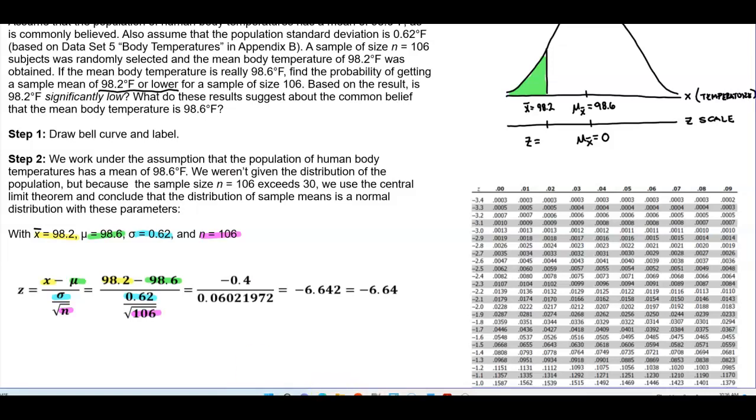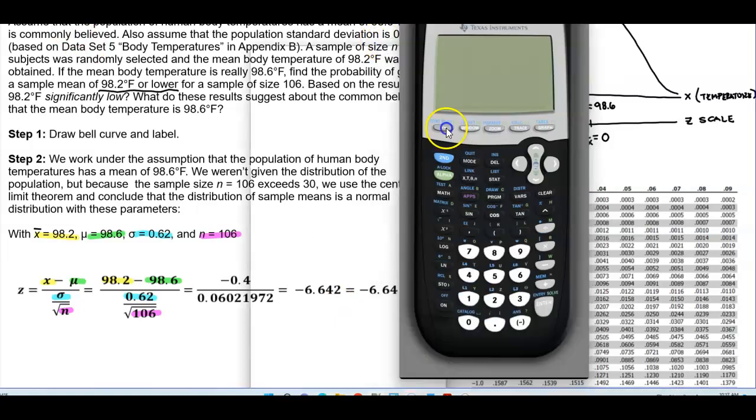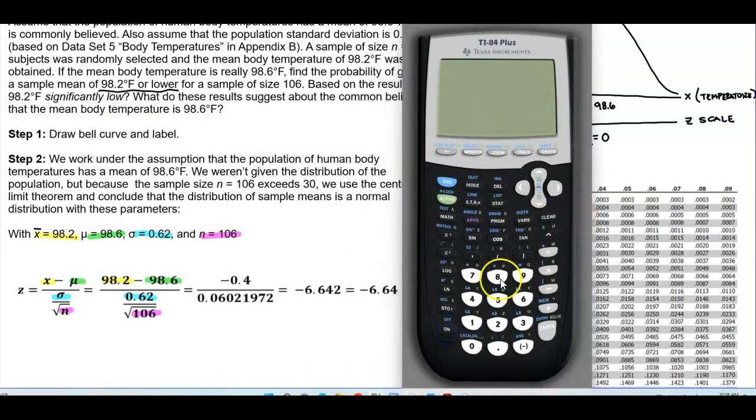If we want to use our calculator to find this, we would do the following. First we input the numerator: 98.2 minus 98.6, which gives us negative 0.4.